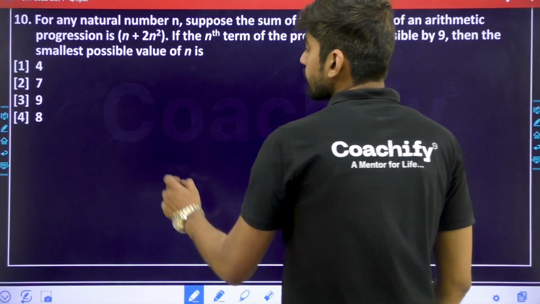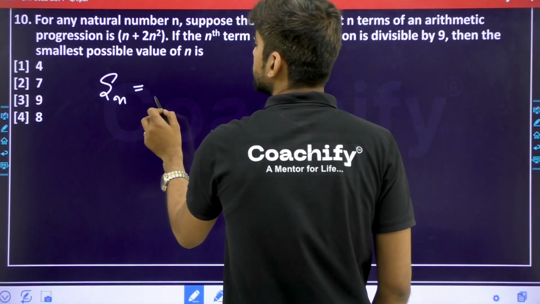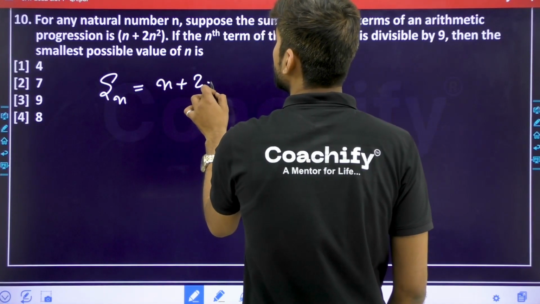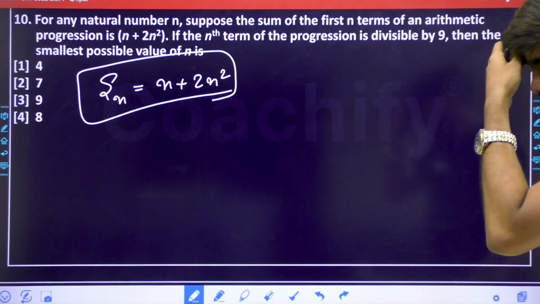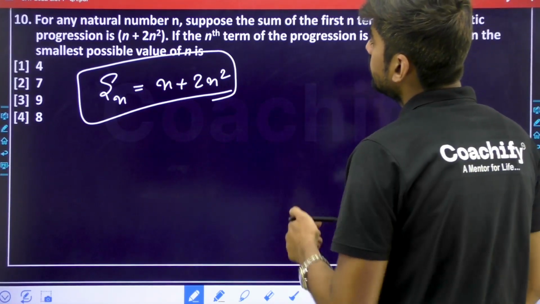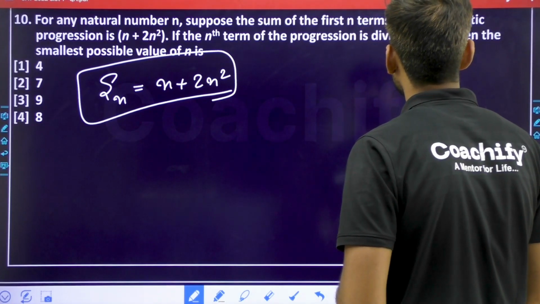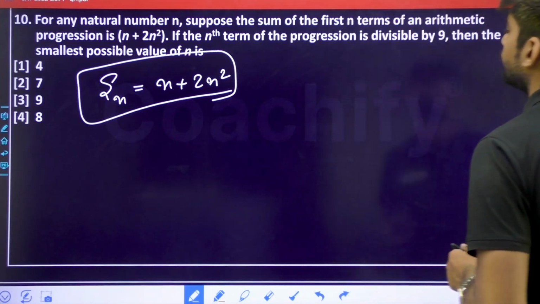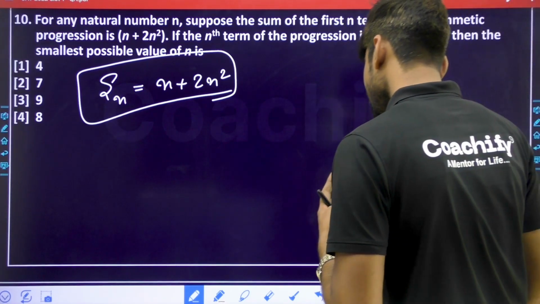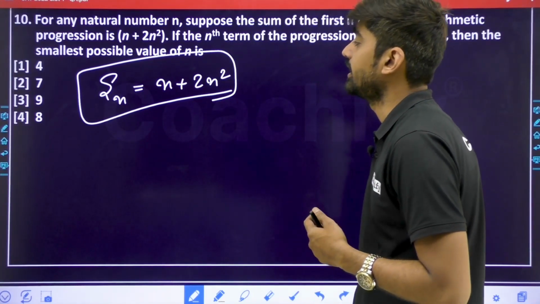So you are provided with the sum of n consecutive terms as n plus 2n square. If the nth term of the progression is divisible by 9, you have to find the smallest possible value of n. So the question is asking which is the smallest term that is divisible by 9?